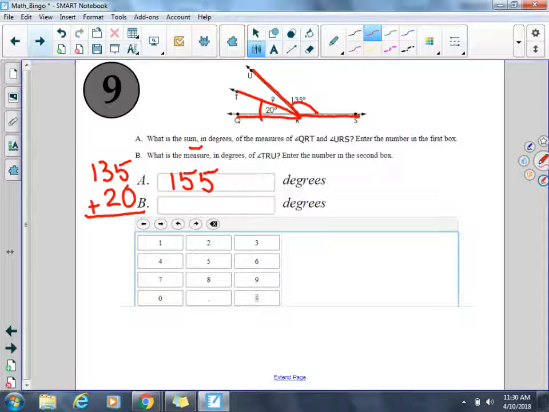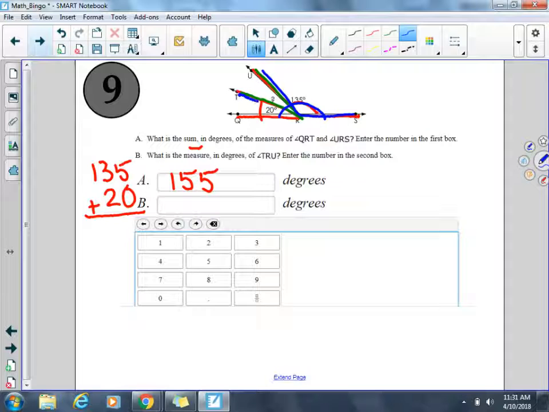The second part says, what is the measure in degrees of TRU? Well, TRU is that missing angle that's right here in the middle. TRU. And when I look at this whole thing, it really looks like a half a circle or 180 degrees. I know this part here is worth 135.